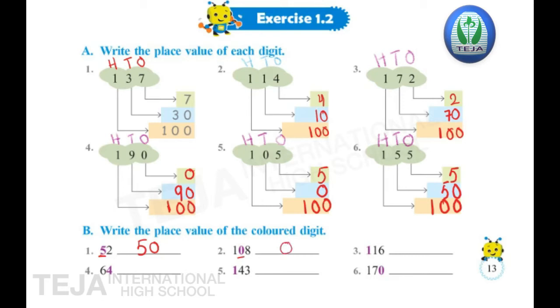It's 0. Now third one, number is 116. Here 1 is uncolored. Now here 6 is in ones place and 1 is in tens place and this one is in hundreds place.